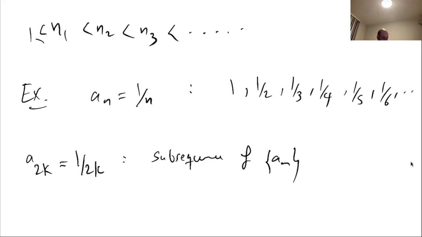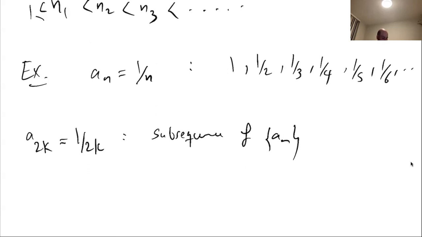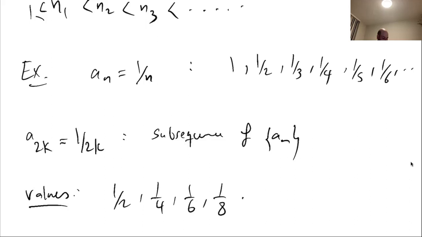Now, let's say I choose the first index to be 2, so these are the values of AN. What about the values of the subsequence A2K? The values are 1 over 2, 1 over 4, 1 over 6, 1 over 8, right?